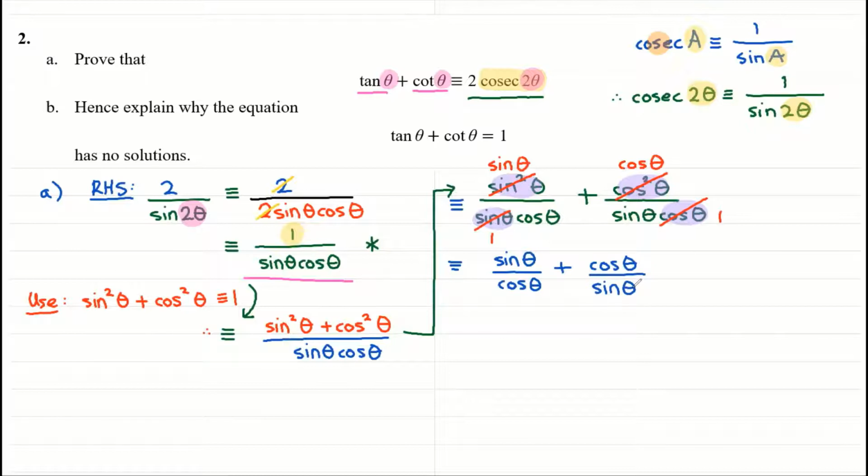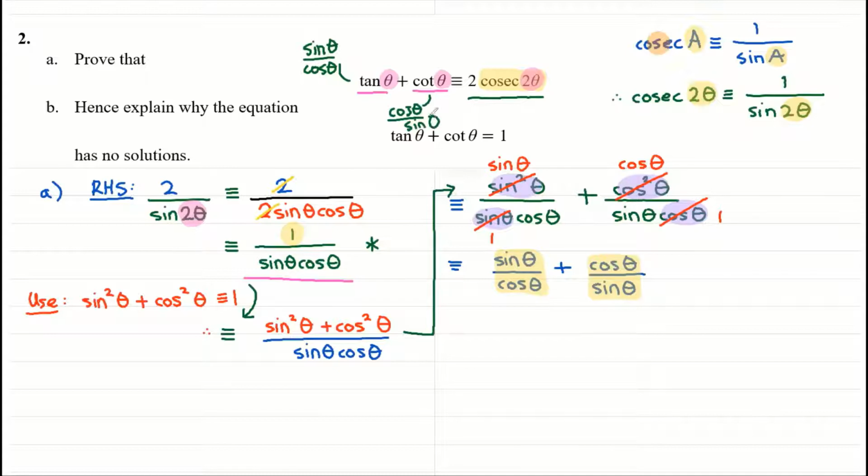Now, you'll remember that cot is 1 over tan, which can also be represented as cos over sine. So we've actually got the result we wanted. So this is cot, and this is tan. Okay, and we could have done that again with a bit of rough work. We could have said, okay, perhaps I'm not going to get tan and cot straight away, but perhaps I might get sine theta over cos theta there, and similarly cos theta over sine theta there.